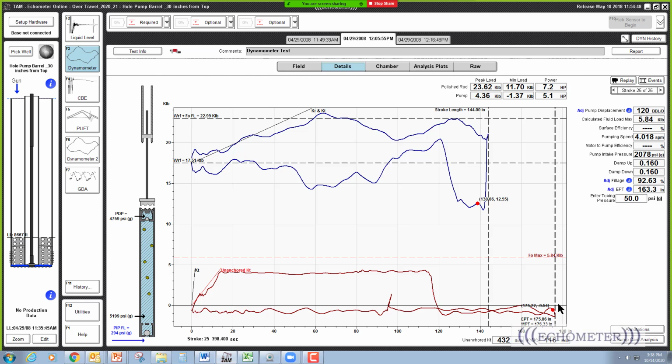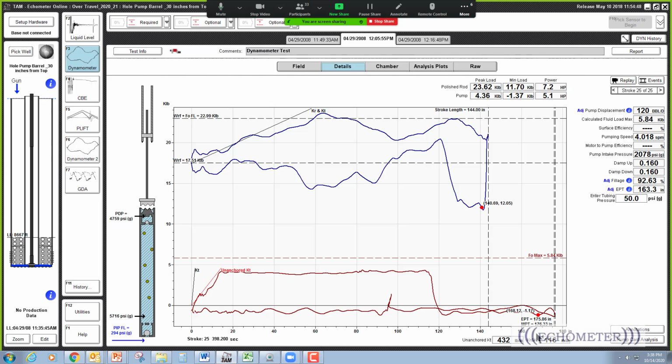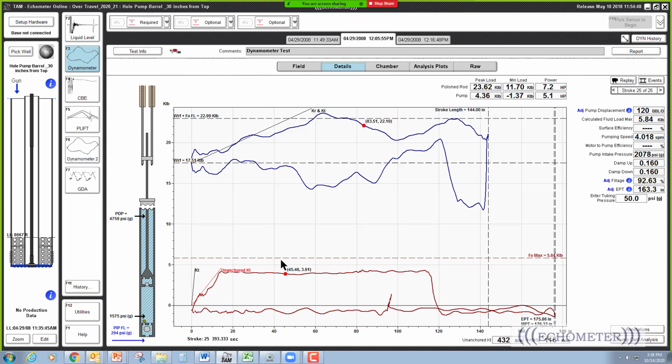So if your pump barrel was, let's say, 200 inches long, and you weren't spaced near the bottom, and the plunger over travels on the upstroke 32 inches, then you could see how it could get pretty close to the top of the pump, start to tag the pump, and then unseat the tubing anchor.